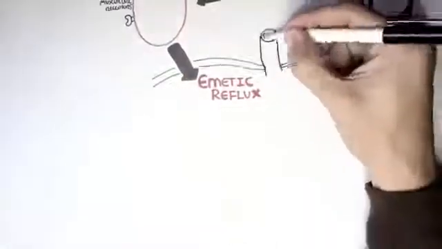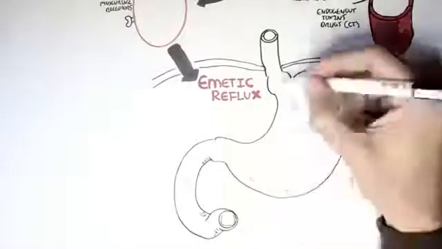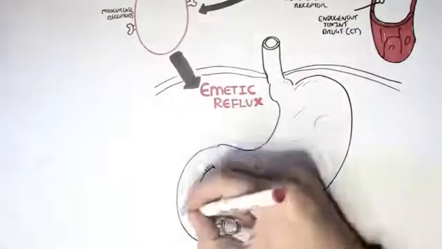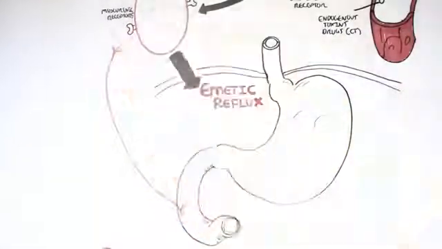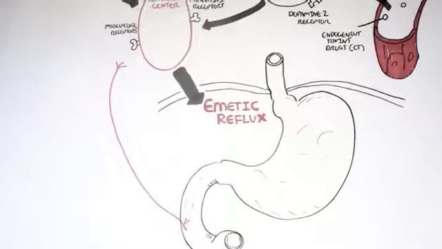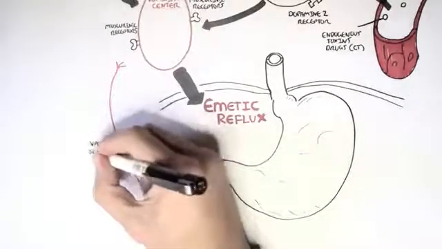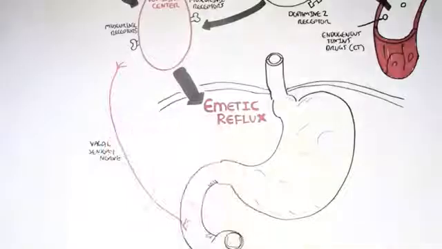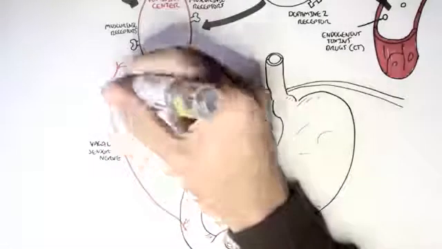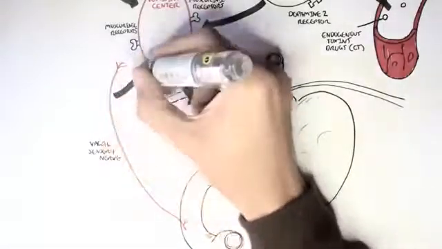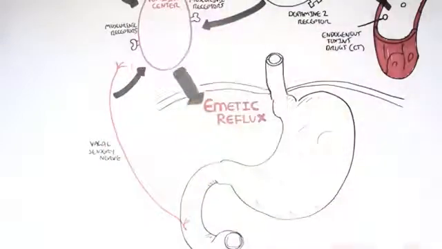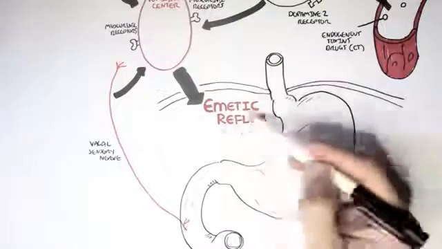Finally, of course, here I am drawing the stomach and part of the intestines, where nerves from here, as well as other parts of the gastrointestinal tract, including the esophagus, called the vagal sensory nerve fibers, can activate the vomiting center, as well as the chemoreceptor trigger zone, to cause the emetic reflux.